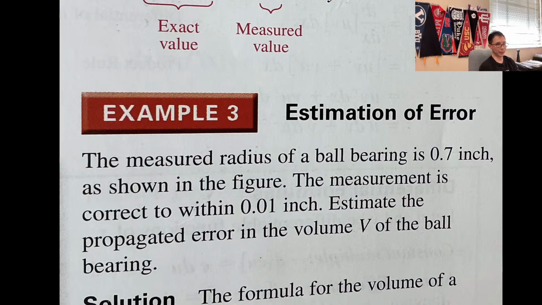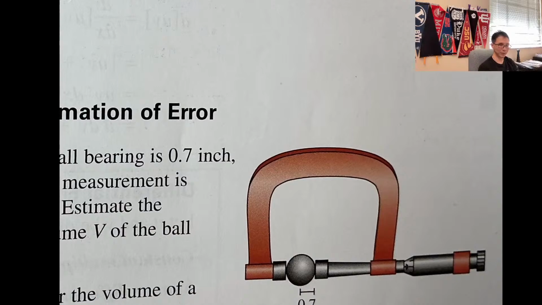They say the measured radius of a ball bearing is 0.7 inches, as shown in the figure. This is 0.7. But there is some type of error when you measure like this. Sometimes it could be temperature affecting how the ball expands, right?